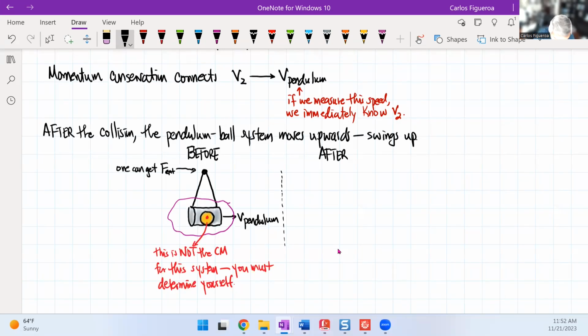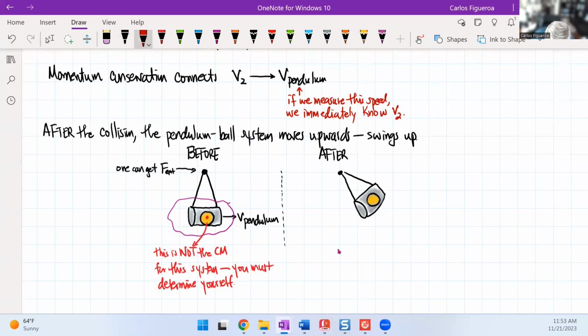And so what happens here is that this guy is then going to swing upwards. And as it swings upwards, what we're paying attention to is the center of mass of the ballistic pendulum.